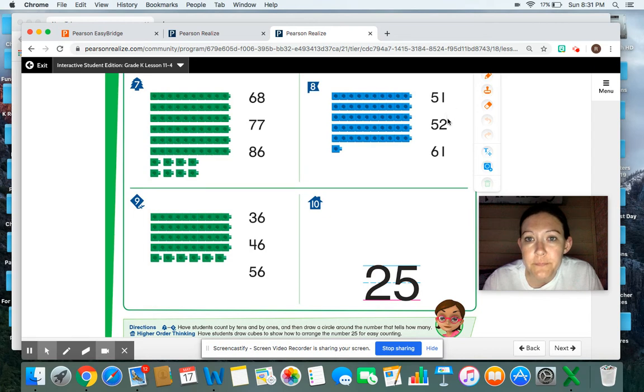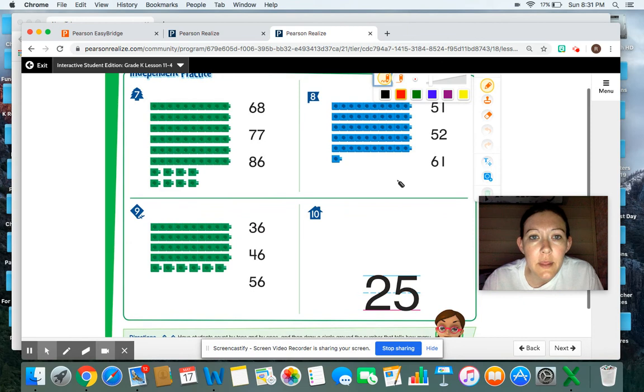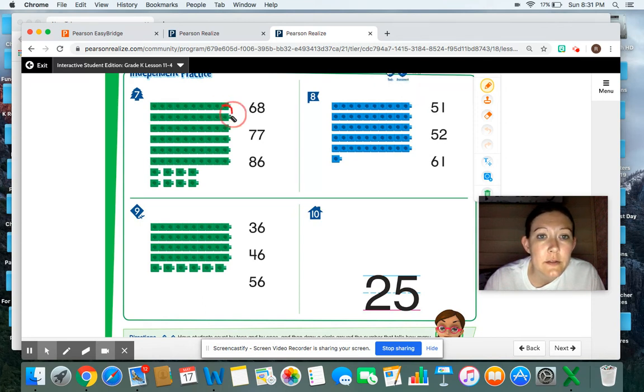Okay. All right, so I hope that you paused and came back, because we'll do these quickly together. I hope that you counted the cubes and then circled the number to show how many. Here we go. 10, 20, 30, 40, 50, 60, 61, 62, 63, 64, 65, 66, 67, and 68. If you made a mistake, I want you to fix it, okay?